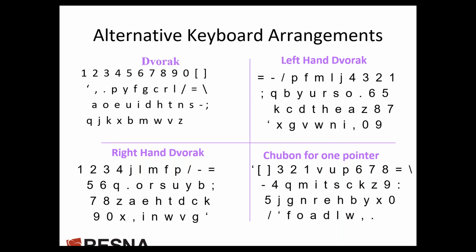Dvorak was designed for speed, but he also designed layouts that were optimized for one-handed typists, a left hand and a right hand. And if we look at the right hand configuration there, you see D, T, H, E, and A keys in that home row. The next most frequently used keys are within easy reach of the index and middle fingers. So it's a real quick one-handed typing layout.